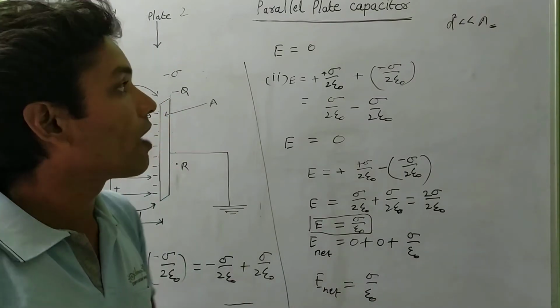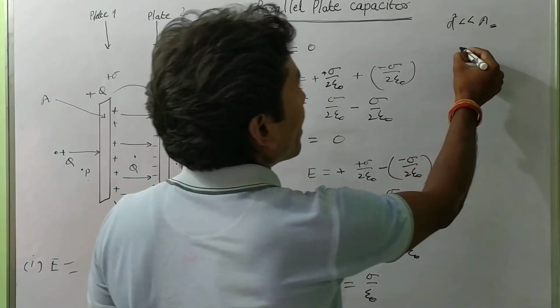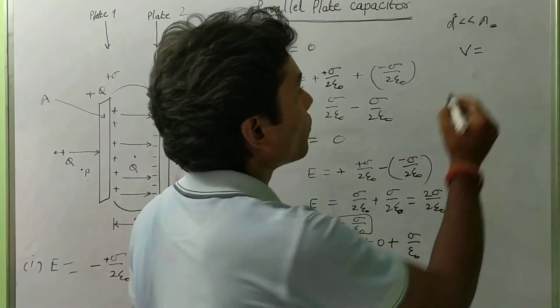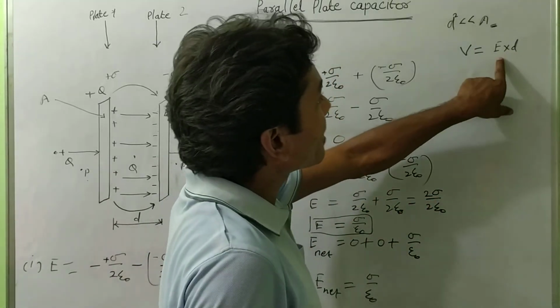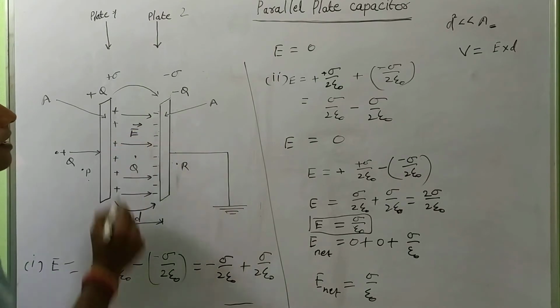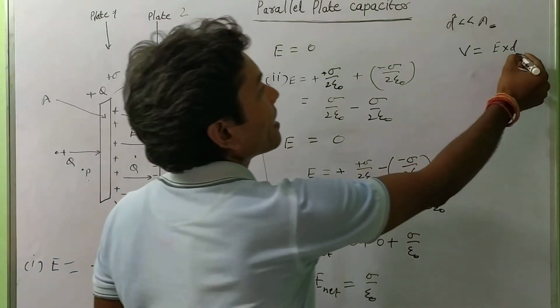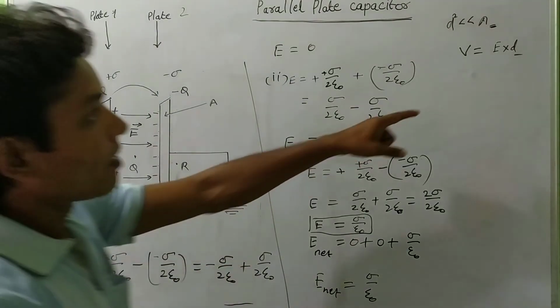So in a uniform electric field, the potential V equals E into D, where E is the electric field and D is the distance between the two plates.